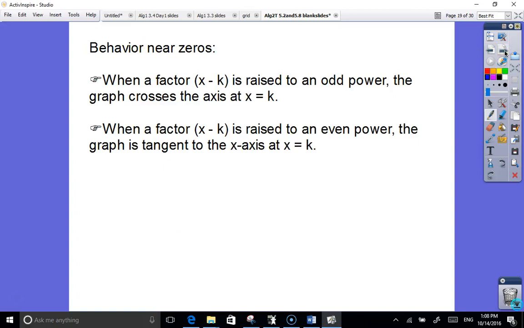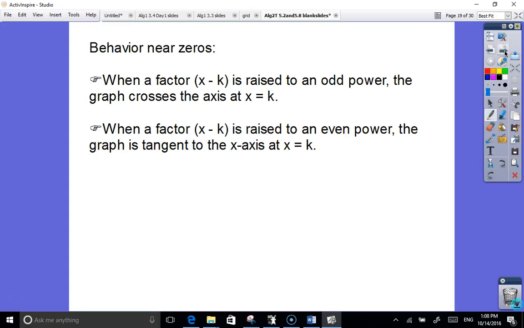When the factor is raised to an odd power, not just 1, but any odd power, then the graph crosses the x-axis at x equals k. So, if it's to the third power, you can take a negative number to an odd power. Basically, it will change sign because it's raised to an odd power.